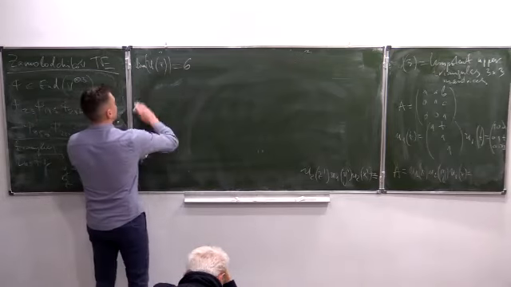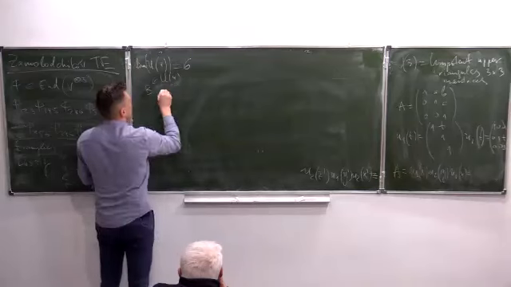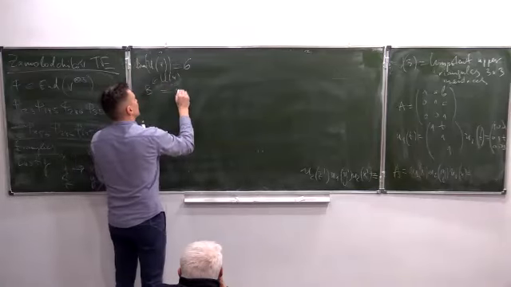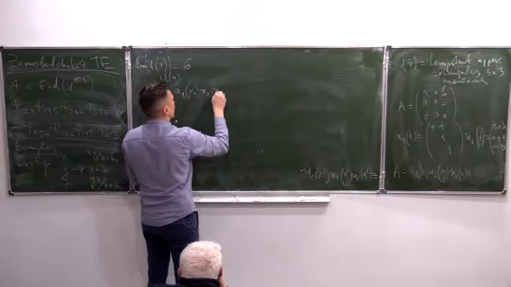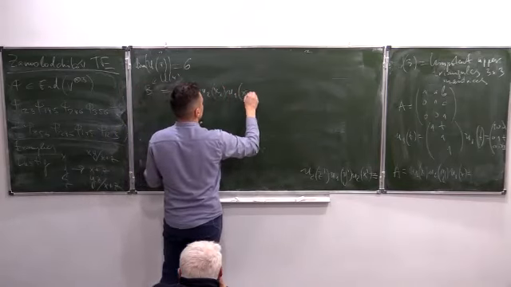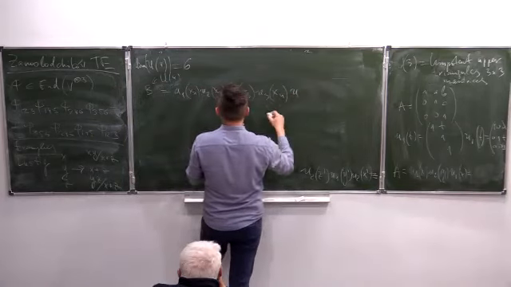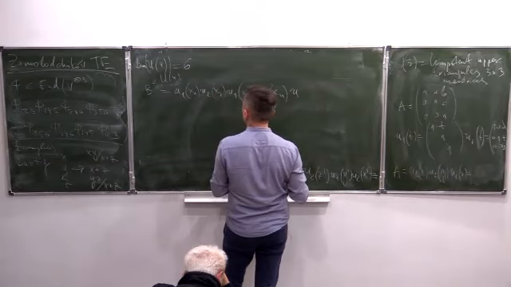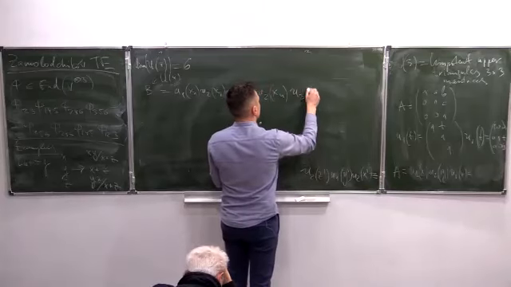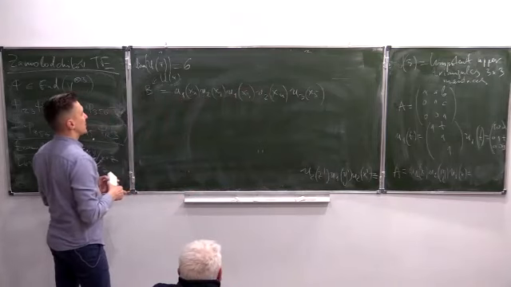So an element B from U4 can be represented in such a way: U1 x1, U2 x2, U1 x3, U2 x4, and something else.